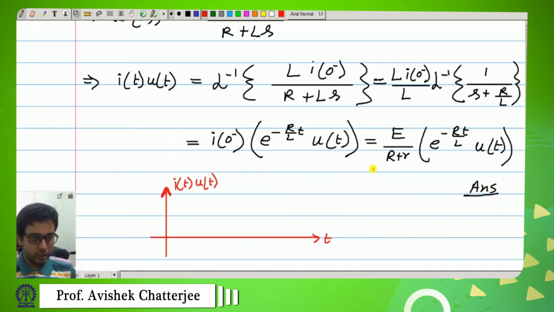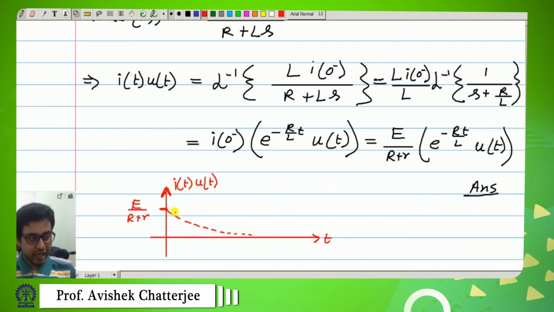Now you may plot this current waveform. So that will be this constant and then an exponentially decaying pattern, something like this. This initial value will be E divided by capital R plus small r, and then it decays. This is only the right side of this current waveform, i(t)u(t).